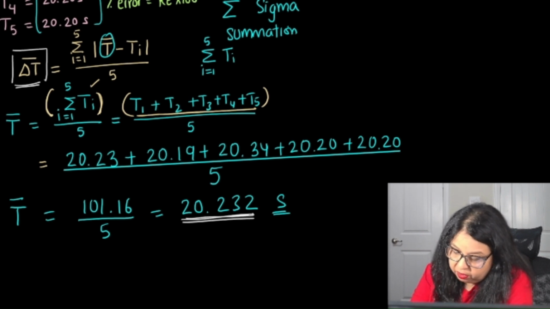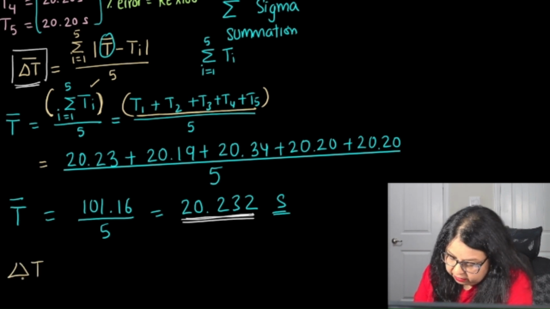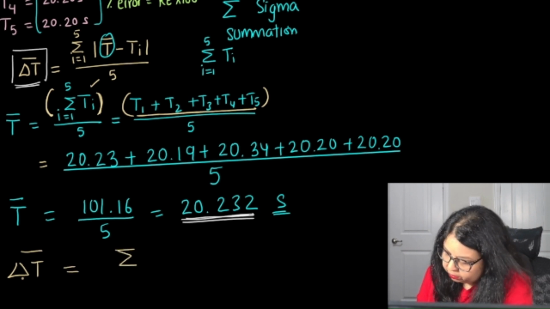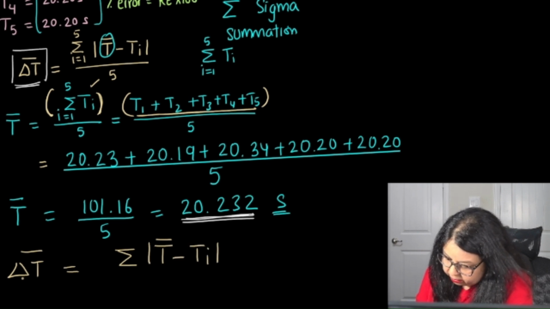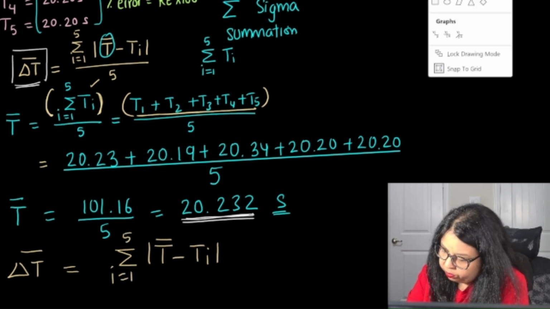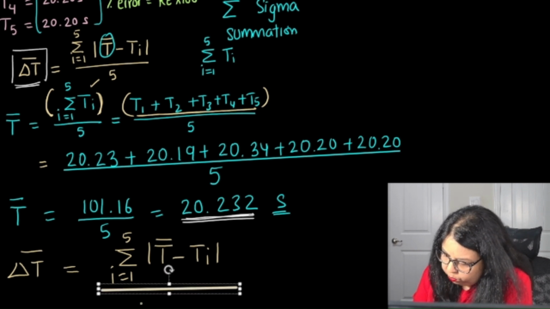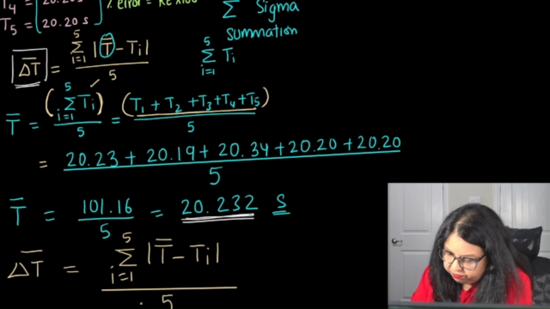I have to solve for delta t bar, which we said was equal to the summation of the absolute value of t bar minus ti, i goes from 1 to 5, divided by what? 5.